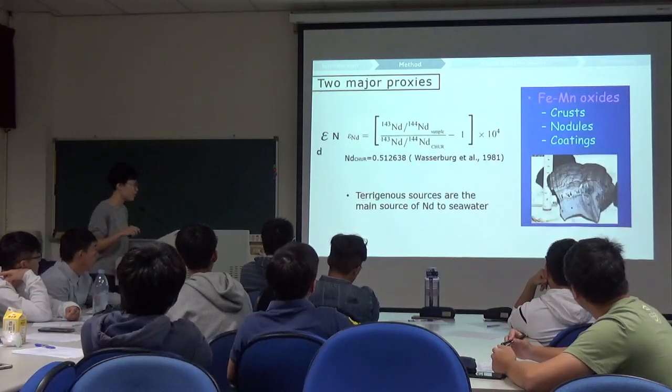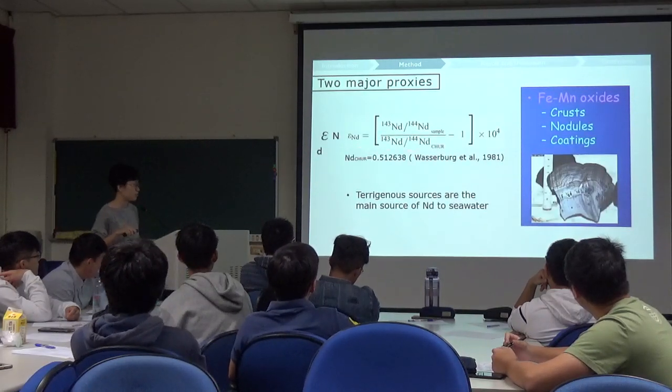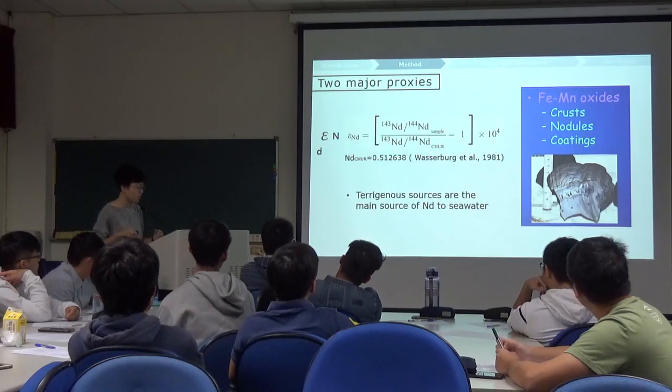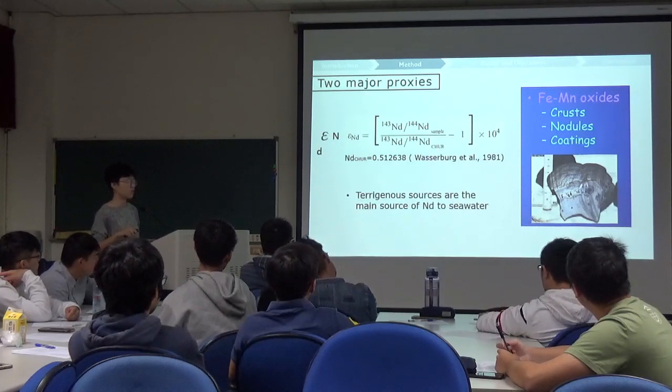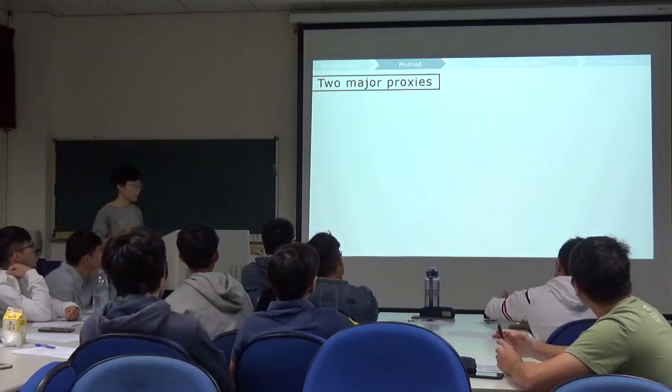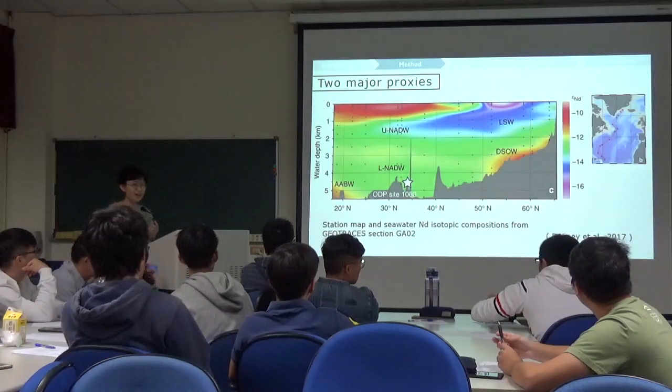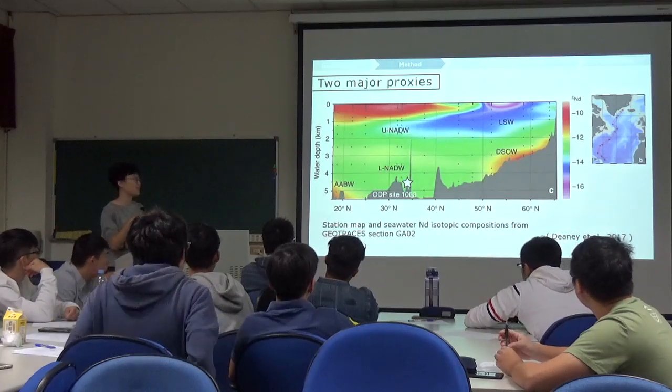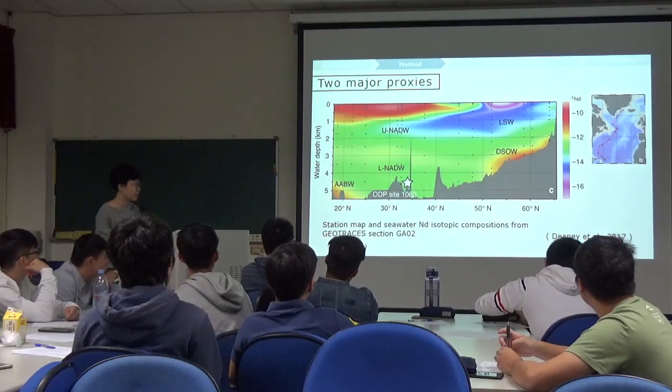This is neodymium, and this is the neodymium formula. The origin sources are the main sources of neodymium in seawater. I also use this figure to show neodymium's values.